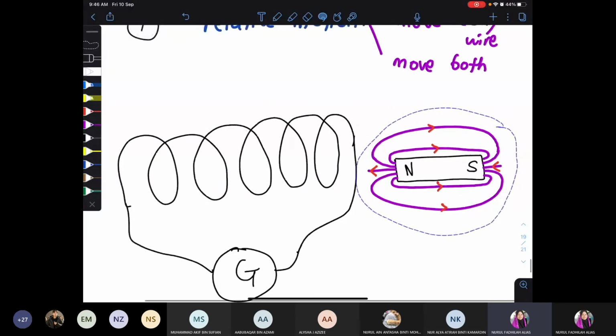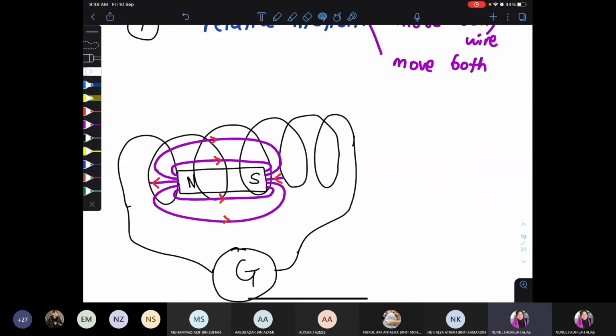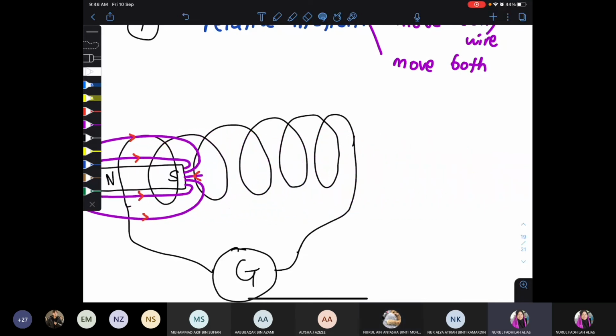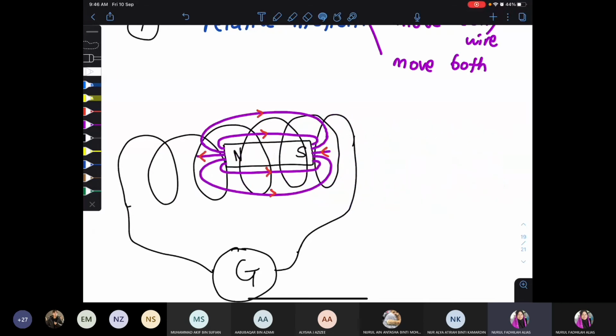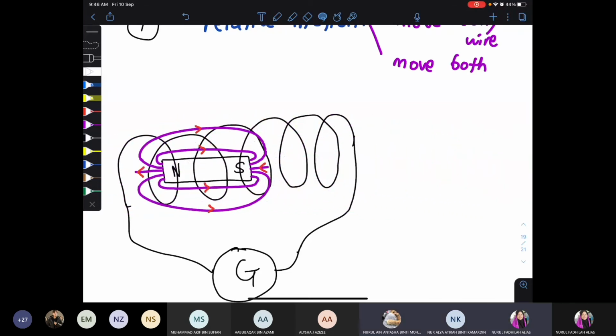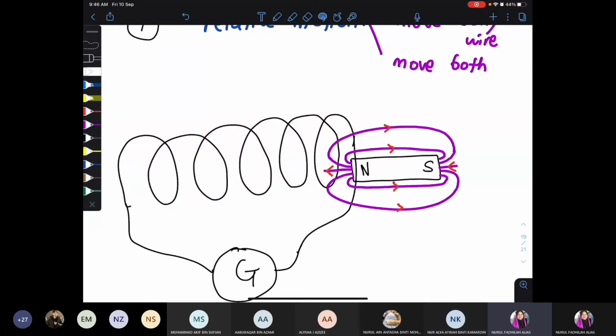Jadi kita kata kat situ there is cutting of magnetic field lines tu. Nampak tak macam seolah-olah ada cutting of magnetic field lines? Nampak kan? Nampak. Okay.